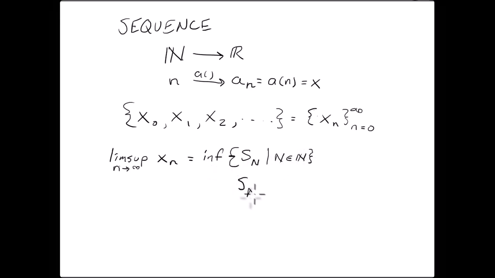S sub n is the supremum of the set, all sequence elements where the element is bigger than or equal to capital N. That's the lim sup. So it's only defined in terms of infs and sups of sets of numbers, which we've already done.